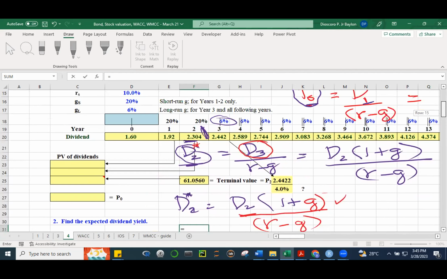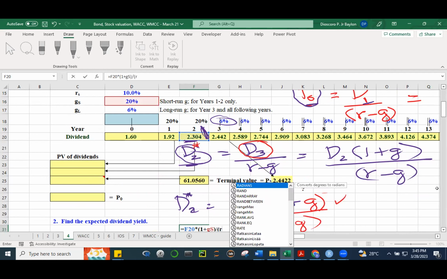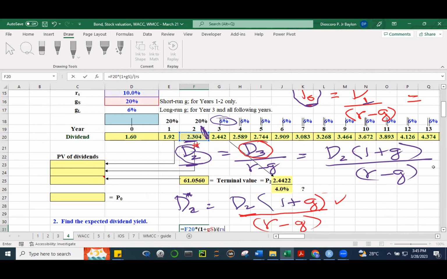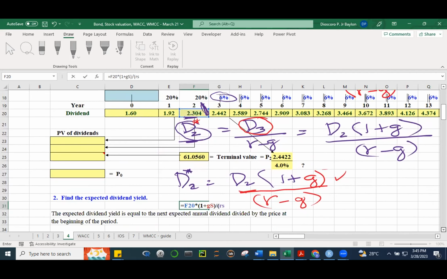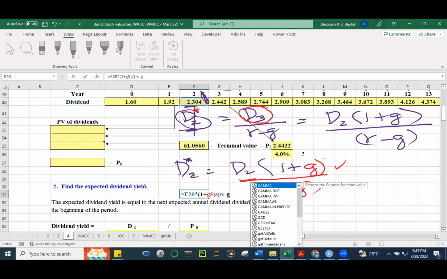So again, dividend at year 2, okay? Then we have to get dividend at year 3. So 1 plus, this is now your GS, diba? Your short-term growth rate, divided by R sub S, that's your required return, minus your constant growth rate. You're correct. Your constant growth rate is GL, right?